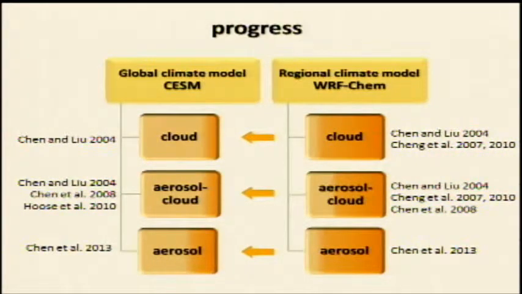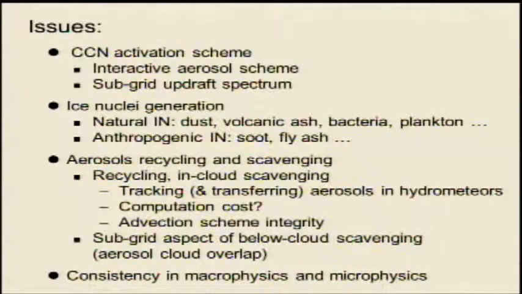You can see from the color bar here, the regional model, I think we are almost finished for the cloud and aerosol. But their coupling, I think, still needs some work. And the global model, we're just in the starting stage. And hopefully we can finish in the next 1.5 years. So our current issues are, first, the activation of the CCN scheme in the global model needs special treatment because the cloud is a subgrid scale process.